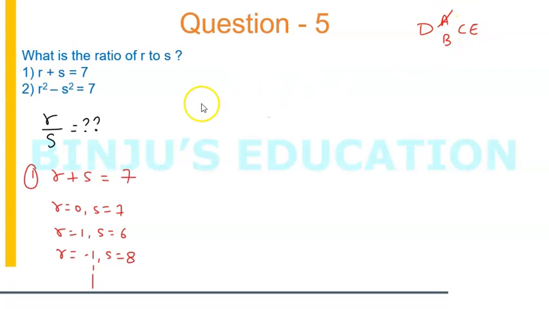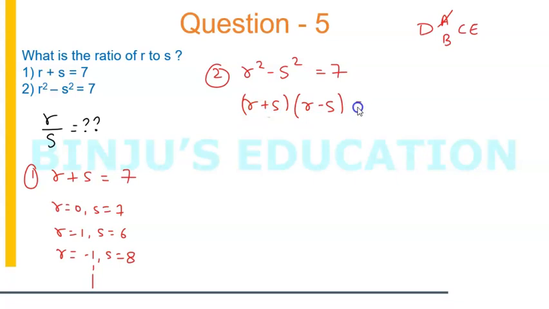Statement 2 is R square minus S square is equal to 7, which means (R plus S) into (R minus S) is 7. Now if (R plus S) into (R minus S) is 7, we can have a lot of possibilities for R plus S and R minus S. You can say that R plus S is 7, R minus S is 1.